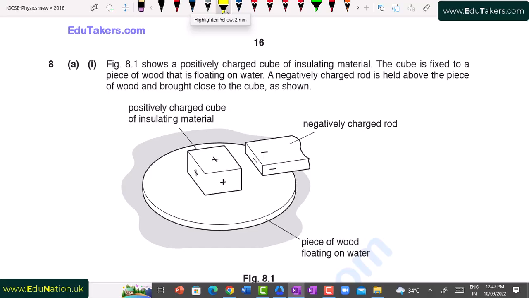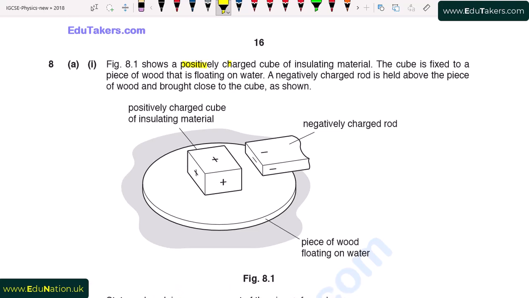Question number 8, part A first. Figure 8.1 shows a positively charged cube of insulating material. So the cube is positively charged. The cube is fixed to a piece of wood that is floating on water. A negatively charged rod is held above the piece of wood and brought close to the cube as shown.